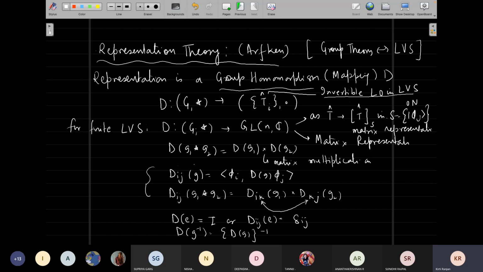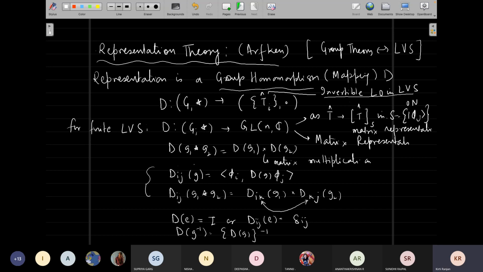That's the idea behind it. In several books you will find representation theory is nothing but a group being mapped to matrices under matrix multiplication. Other books, which generally deal with physics, will mention that it is a mapping into linear operators, which in the case of a finite basis become matrices.